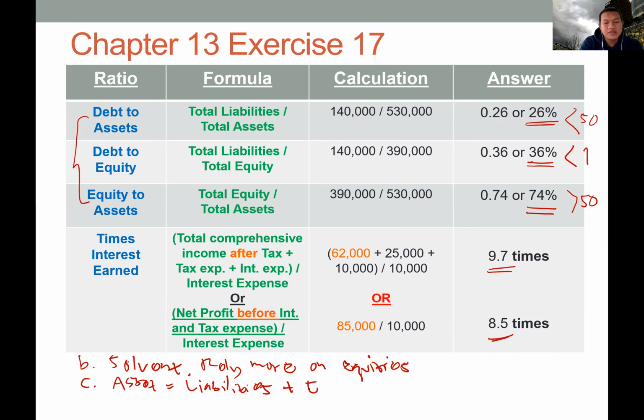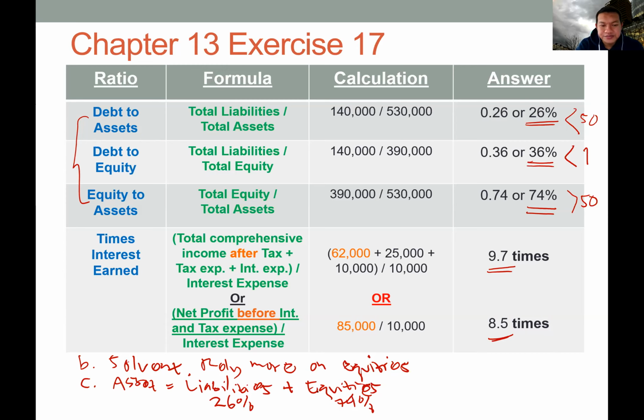So basically, these three ratios show you the proportion of liabilities and equities in financing the total assets. From these ratios, we can see that the company is using 26% debt financing or liability financing, and 74% equity financing.